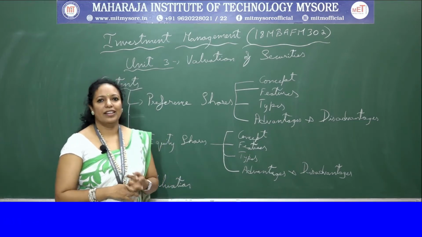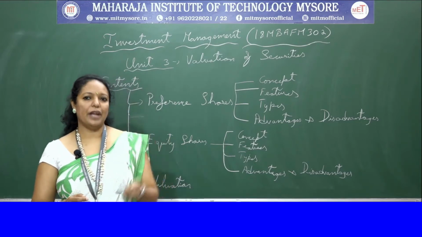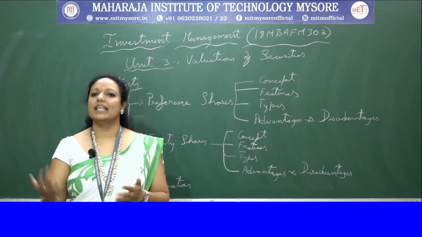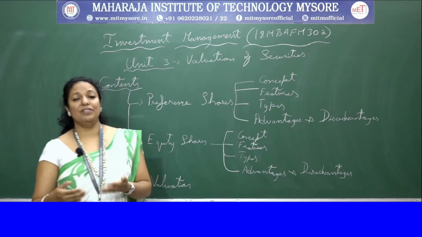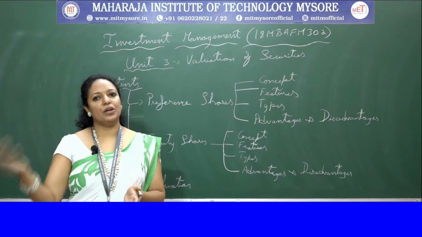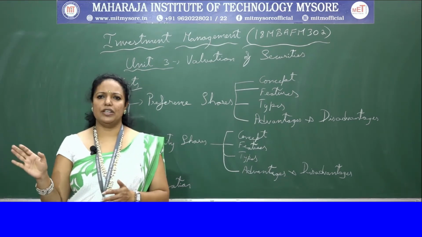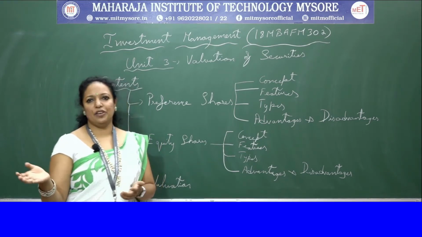The next is based on convertibility. There are two types, convertible preference shares and non-convertible preference shares. To begin with, convertible preference shares: preference shares can be converted into equity shares at any specified rate or on the expiry of the stated period.